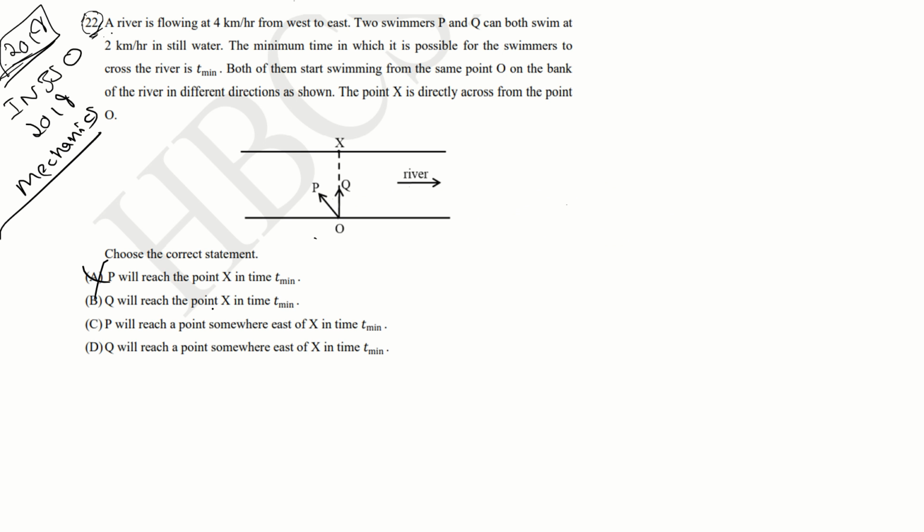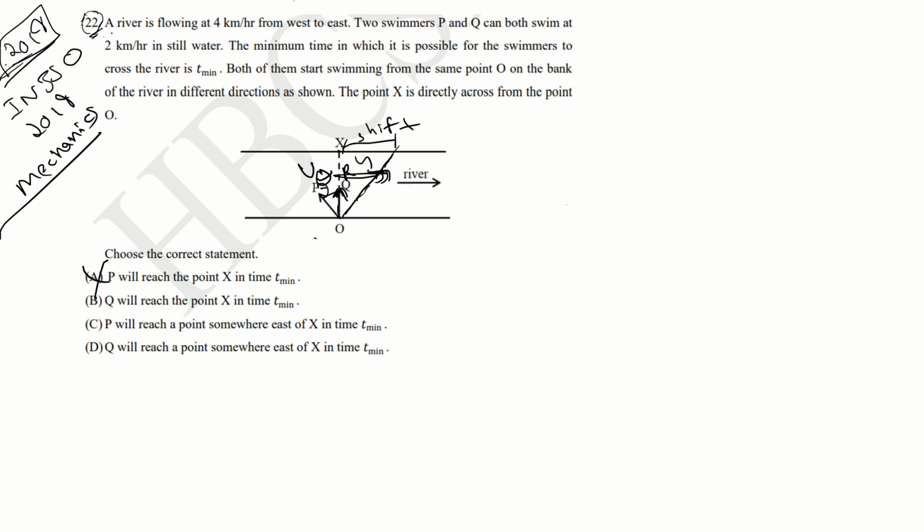Second option is Q will reach the point X in t minimum. Obviously, if P can't reach, then how will Q reach? Q is trying his best, but the velocity of the river is just too much. So we know from relative velocity that there will be a shift, literally called shift. This velocity is VQ with respect to the river, given as 2, and this is 4.